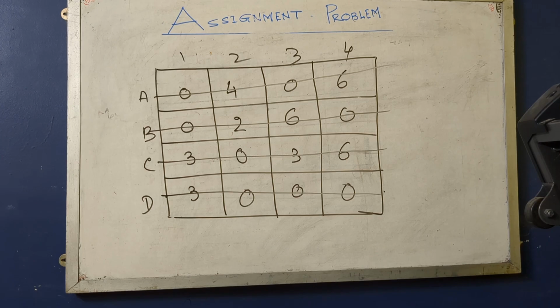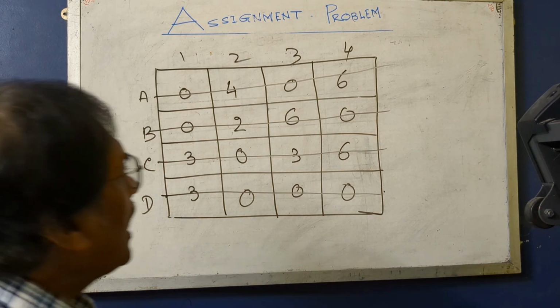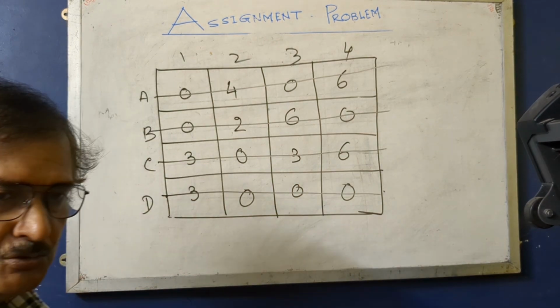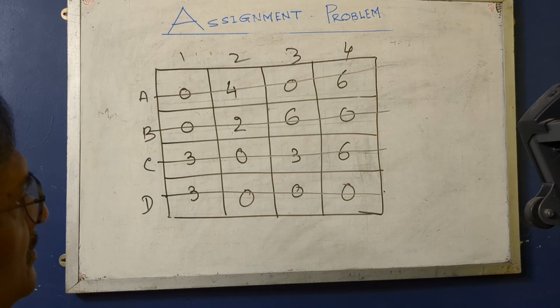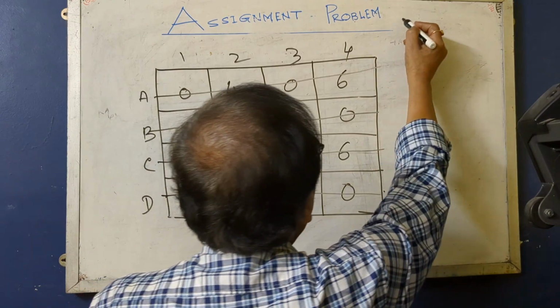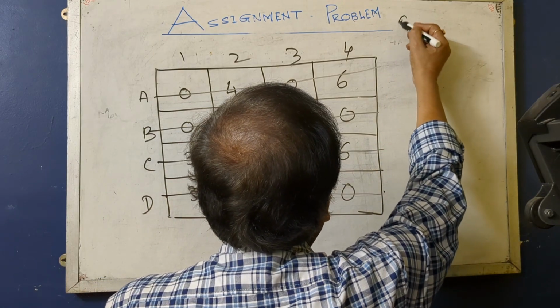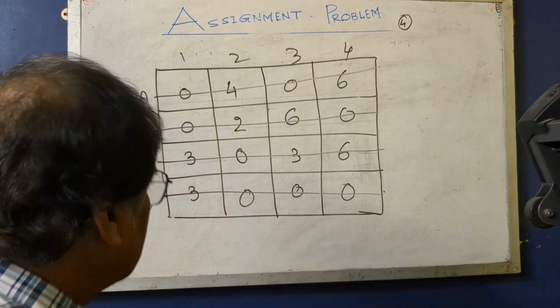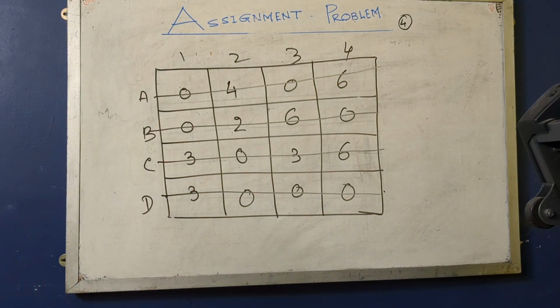You cannot draw 3 lines to cover all the zeros. You can check it. At least 4 lines are required. That means the number of lines and the order of the matrix are the same. The order of the matrix is 4 and the number of lines is also 4. You have reached the final table.